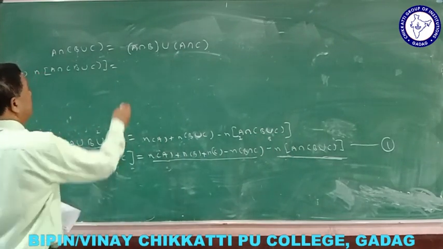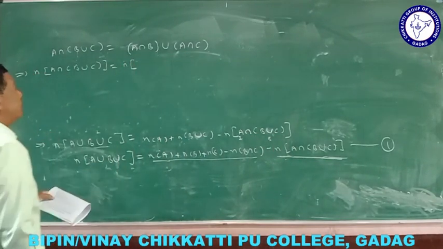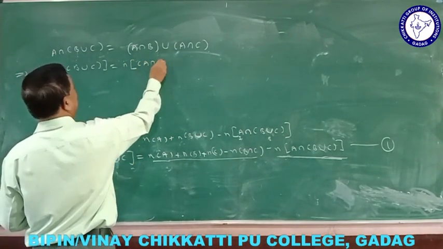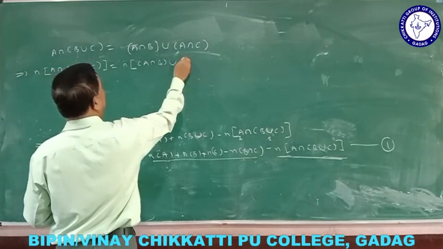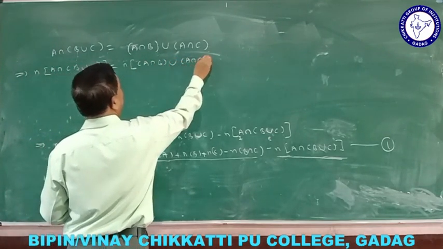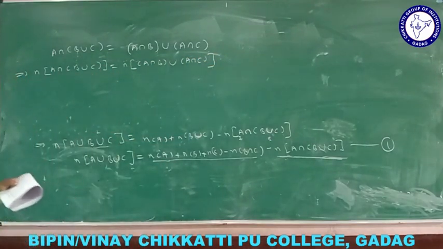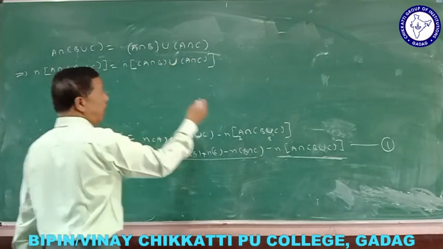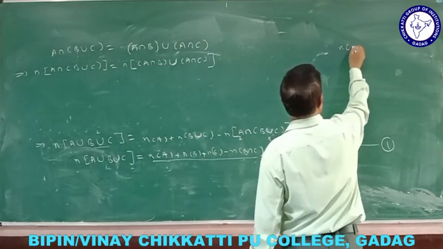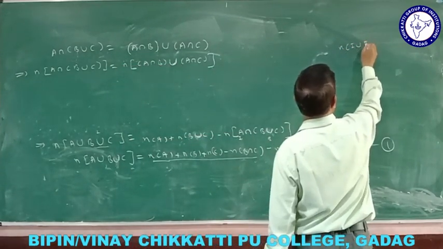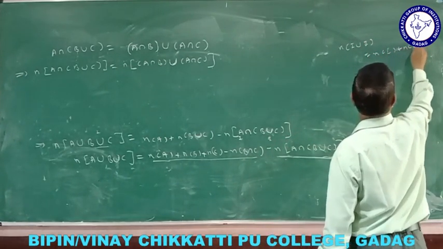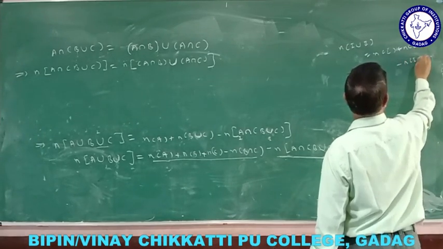So n of A intersection B union A intersection C is the number of elements in that set. Now you see that union formula. What is the union formula? You have already understood: n of first union second is n of first plus n of second minus n of first intersection second.